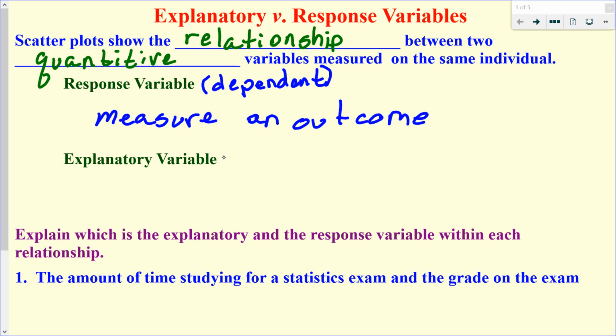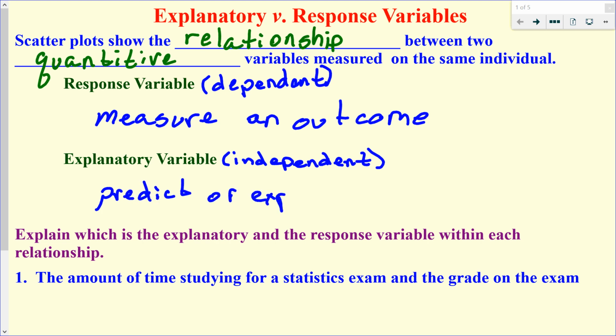The explanatory variable can be thought of as very similar to the independent variable. And this variable is designed to help us predict or explain changes in the response variable.